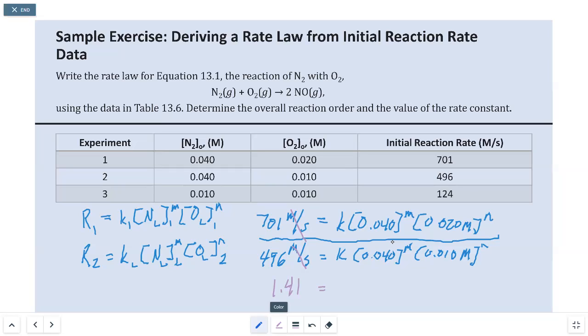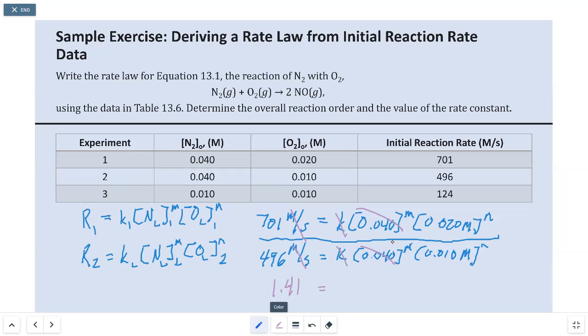Now on the right-hand side, since I'm at the same temperature, my rate constants are going to be the same for reaction 1 and reaction 2. So those cancel out. 0.04 to the M, also the same, cancels out.